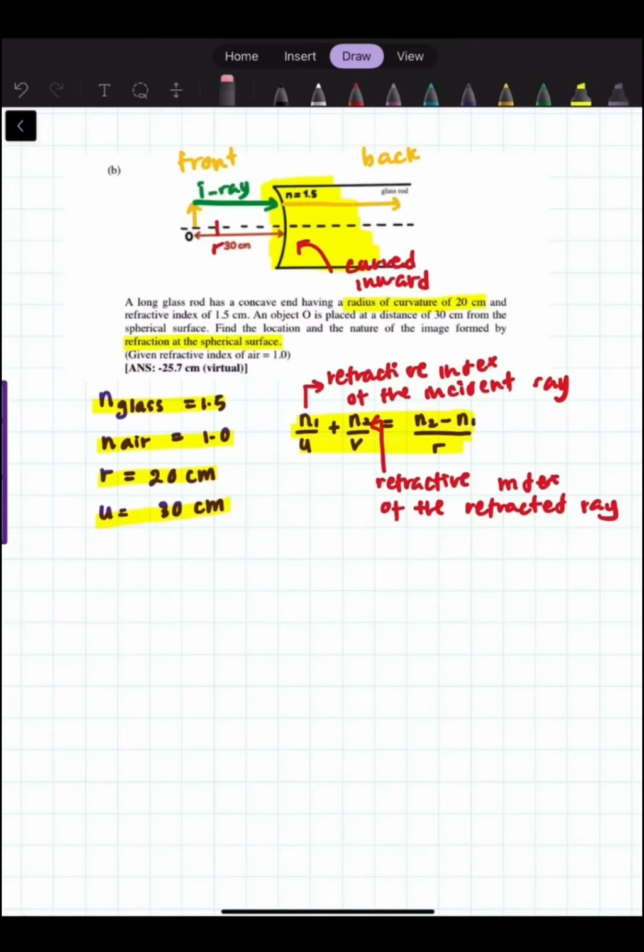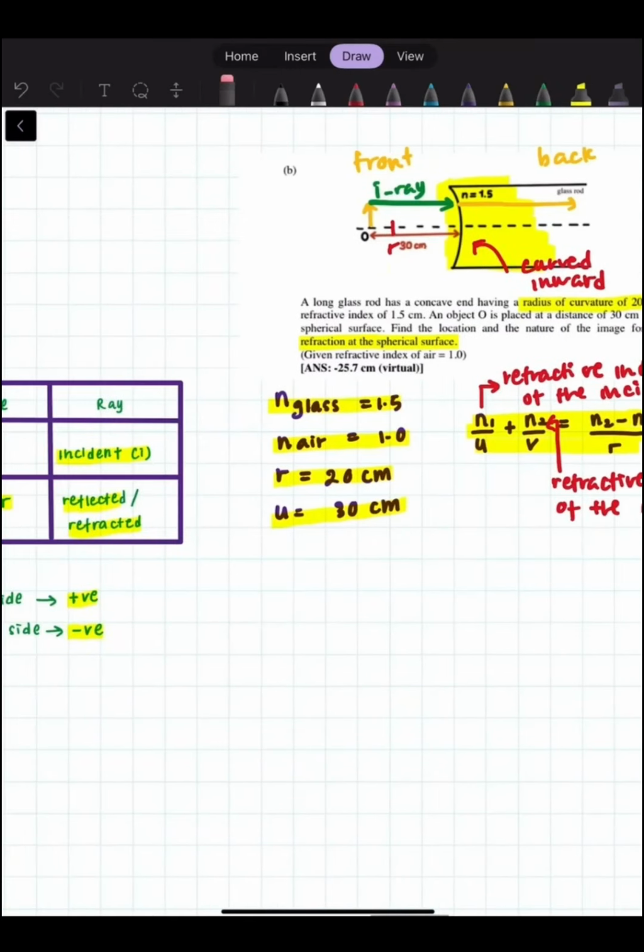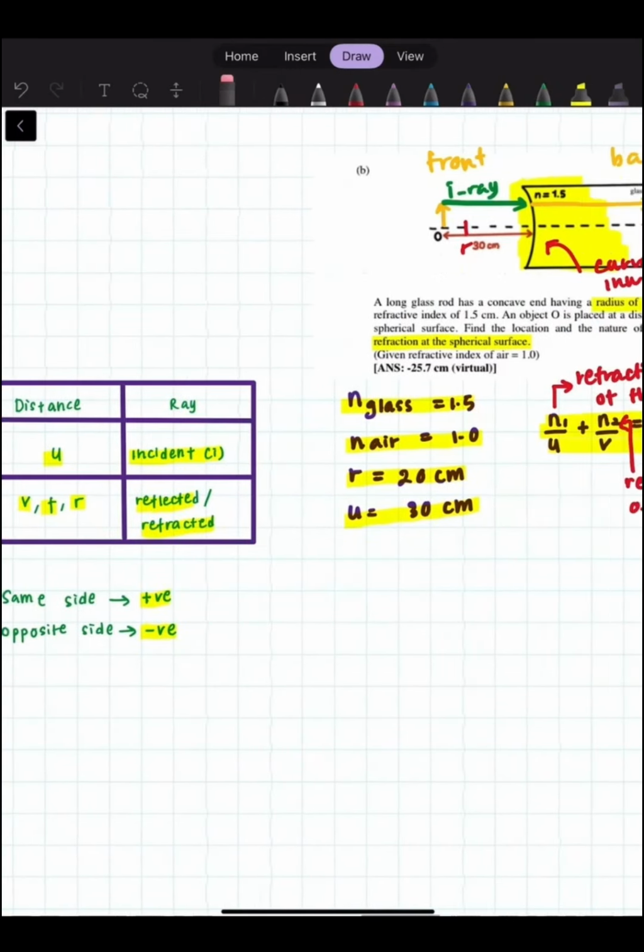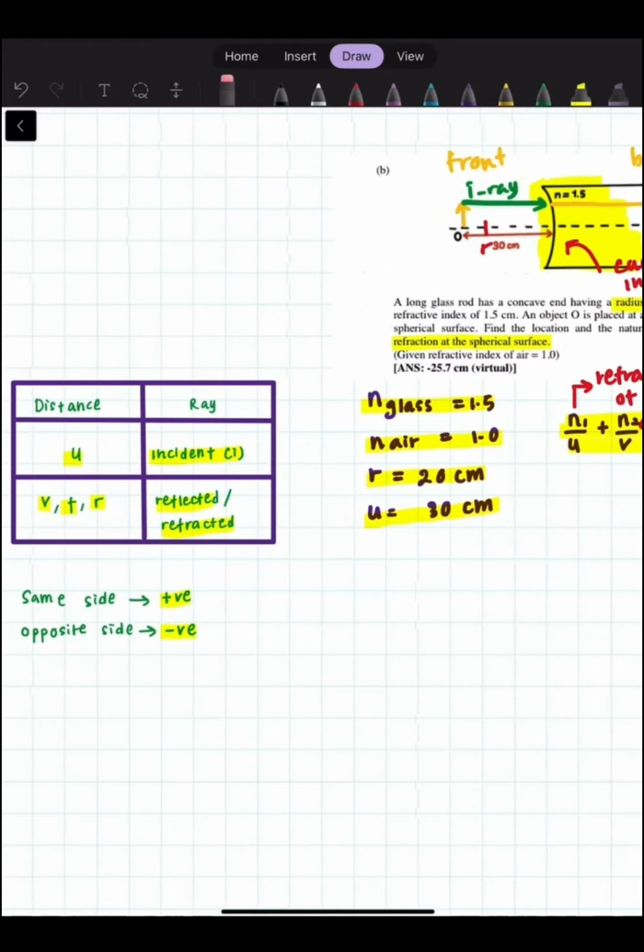Before we answer the question on finding v, let's determine our sign convention for r and u. Again, we're going to use this table over here. Let's determine u first. Is u on the same side as the incident ray?